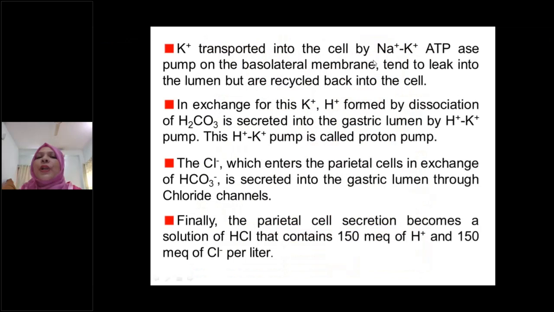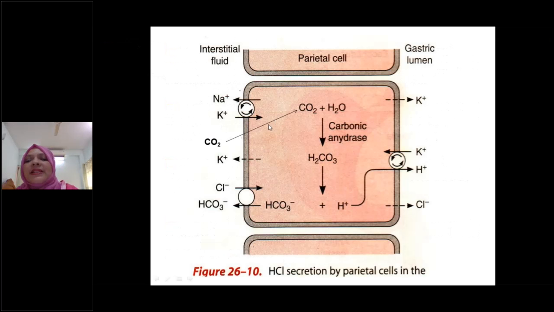Potassium transported into the cell by the sodium potassium ATPase pump on the basolateral membrane tends to leak into the lumen but is recycled back into the cell. See here, potassium that is transported by the sodium potassium pump usually leaks from the parietal cell into the gastric lumen, which is again recirculated from the gastric lumen into the parietal cell by the hydrogen potassium ATPase pump.